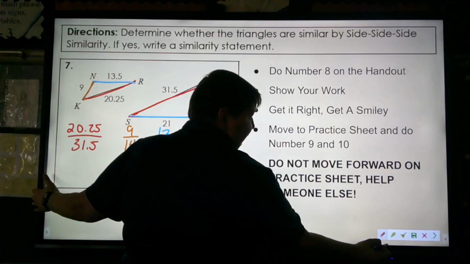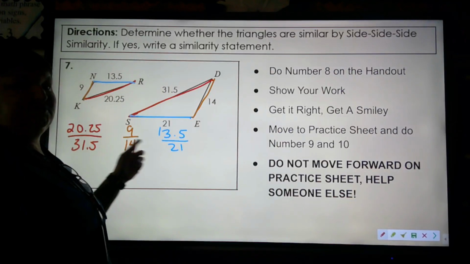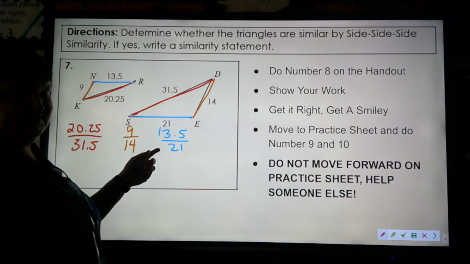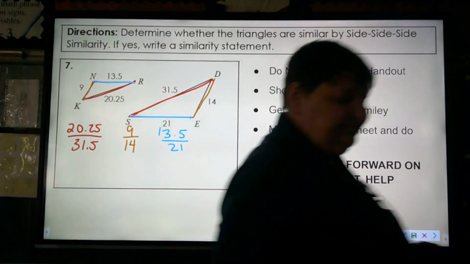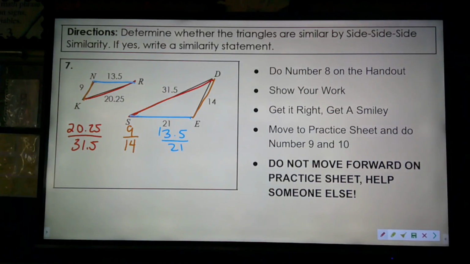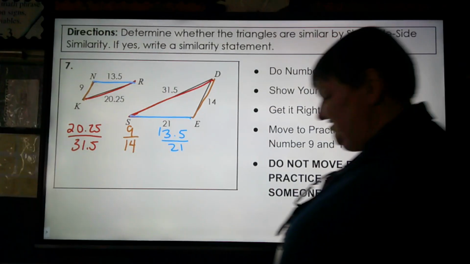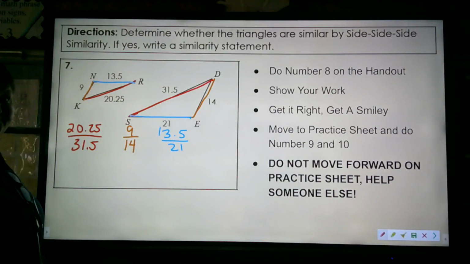All right, look, to find out, don't even try to simplify those fractions. There's decimals in there. Brain hurts, right? So instead of trying to simplify them, just divide them, because a fraction is just division, right? Get the actual decimal answer, and see if they're all the same.